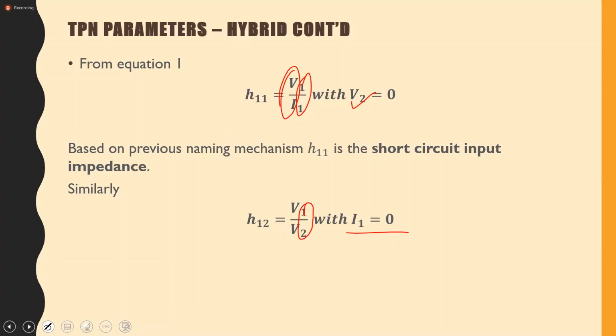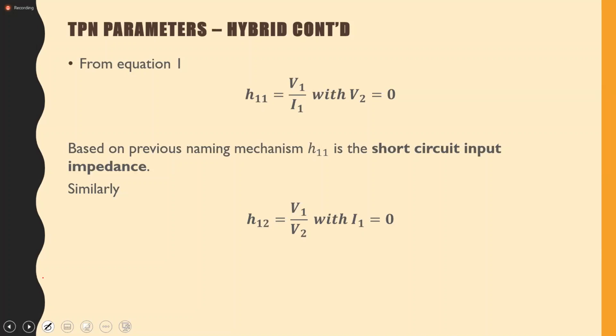But what we have here is input over output. It'll be reverse gain, because gain, as we would have expected, would have been output over input. Fair enough?